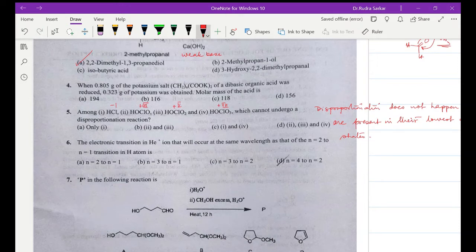So out here we will say that option 1 and 4 are the correct options.